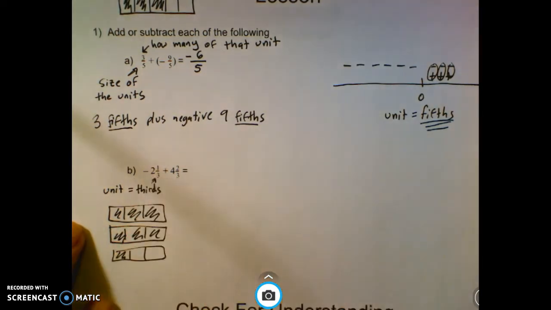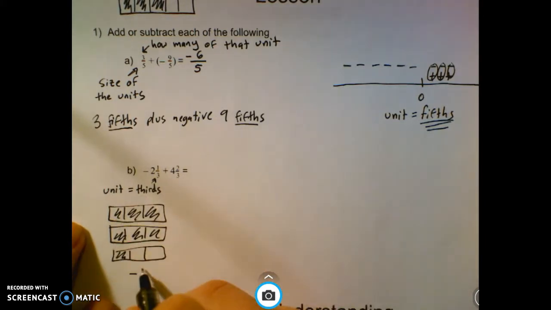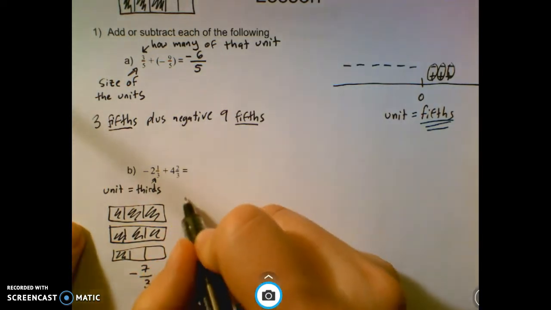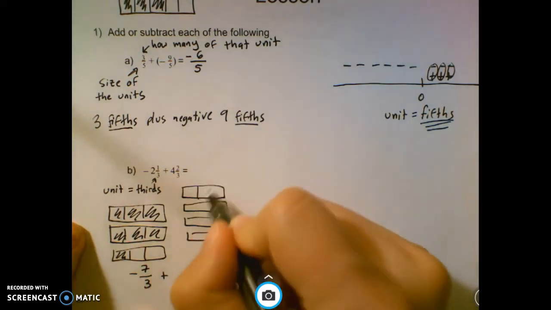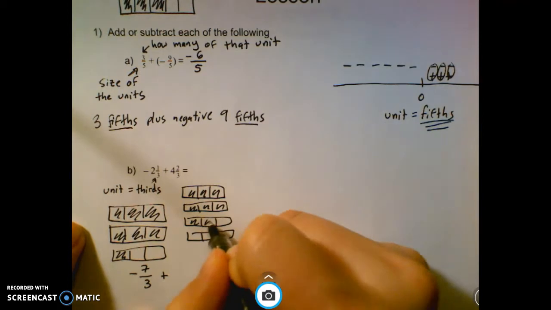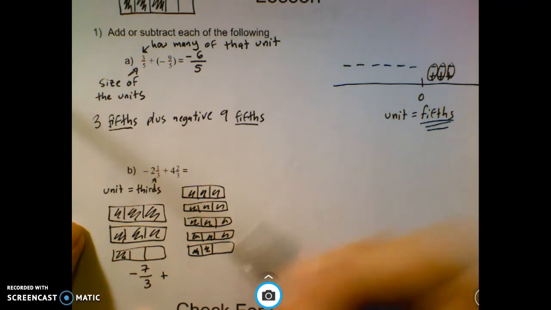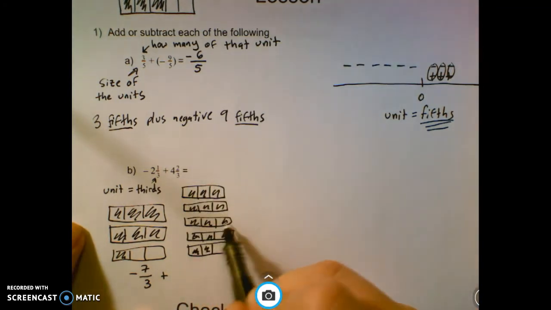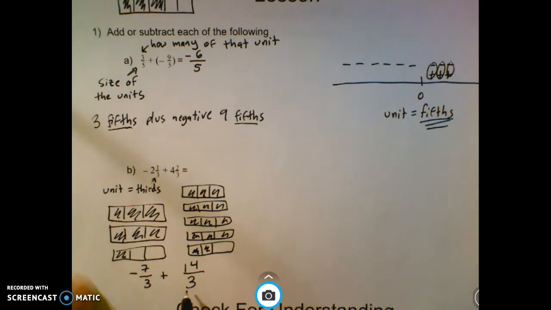So what I really have here is -1, 2, 3, 4, 5, 6, 7, -7 thirds, and then here I have 4, 1, 2, 3, 4, and 2 more thirds, or 1, 2, 3, 4, 5, 6, 7, 8, 9, 10, 11, 12, 13, 14. 7 negative thirds plus 14 positive thirds.